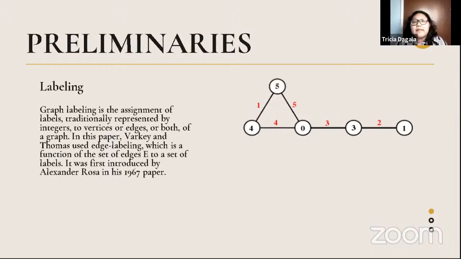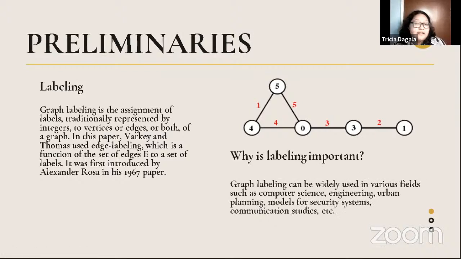For an example, the graph on your right shows labeling of 0, 1, 3, 4, 5, and it has a vertex labeling and also an edge labeling. These are the labels for an example. Bakit nga ba natin kailangan ng labeling?